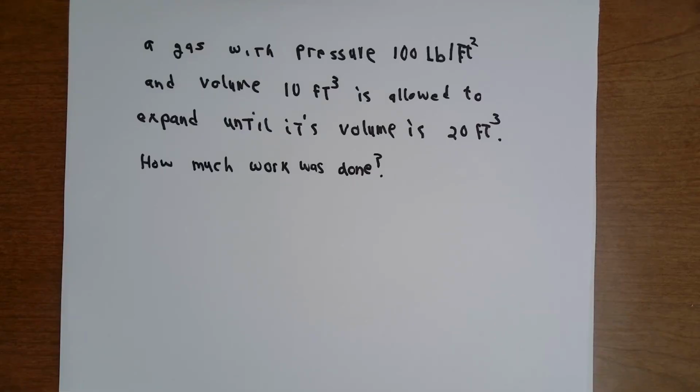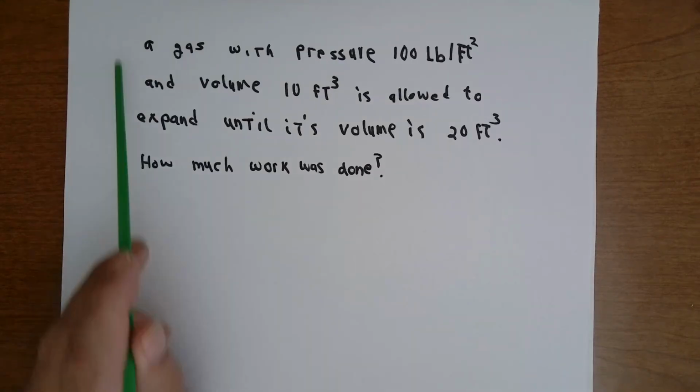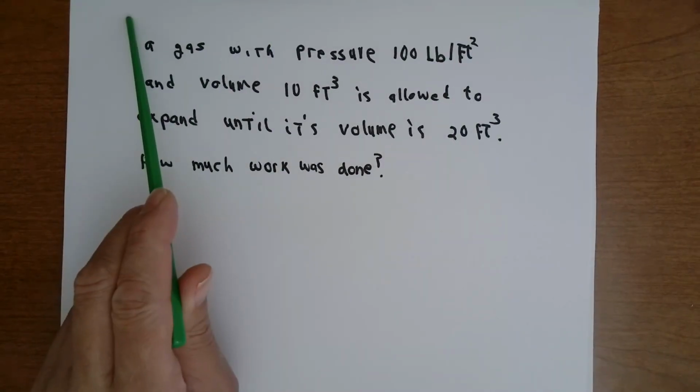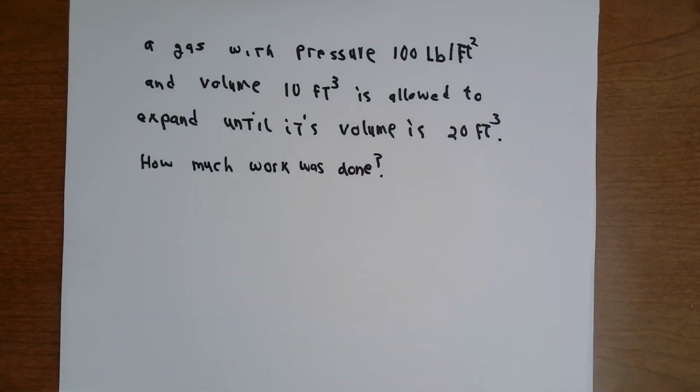How much work was done? As before, there's a sentence and there's a question. The sentence gives me enough information to figure the K in our pressure times volume equals K law out. Once I know that, I ought to be able to answer the question in a direct way.